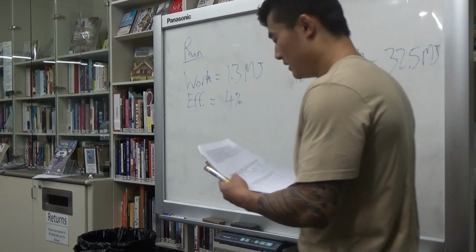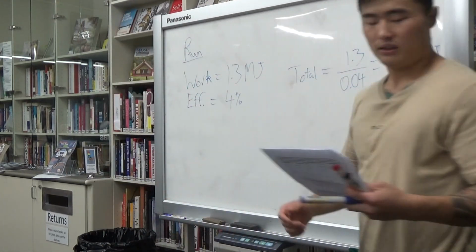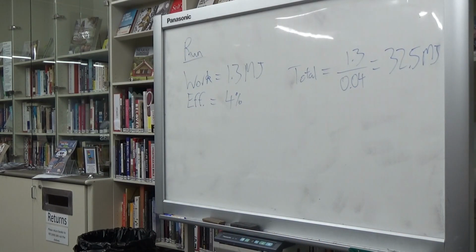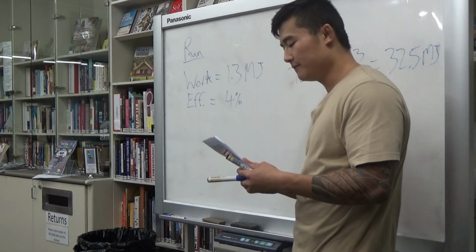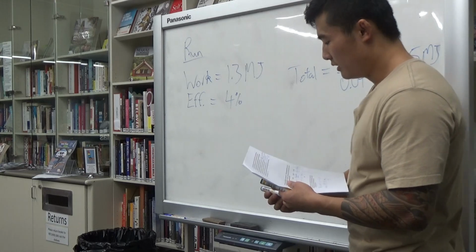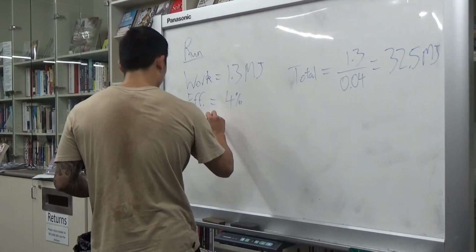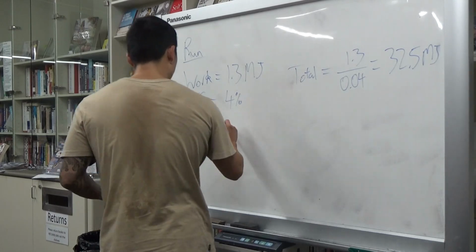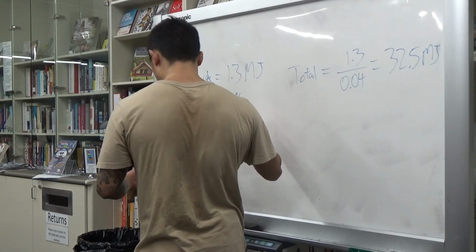All right. Option B, the person did work at a rate of 722 watts while they were running. So power is equal to energy divided by time. The total energy that they used was 32.5.